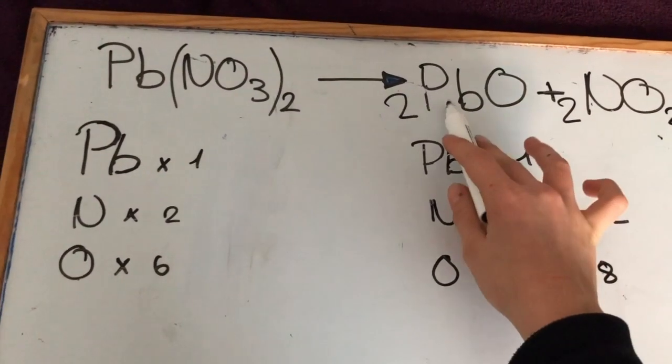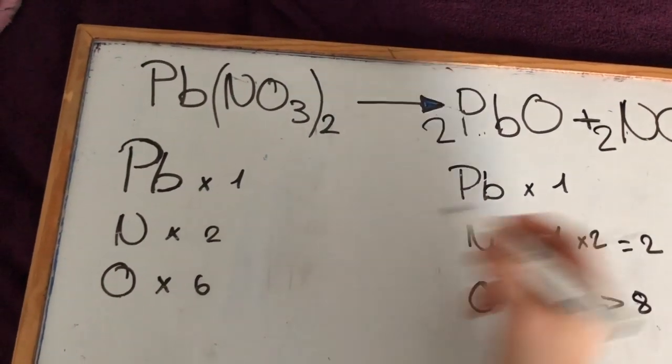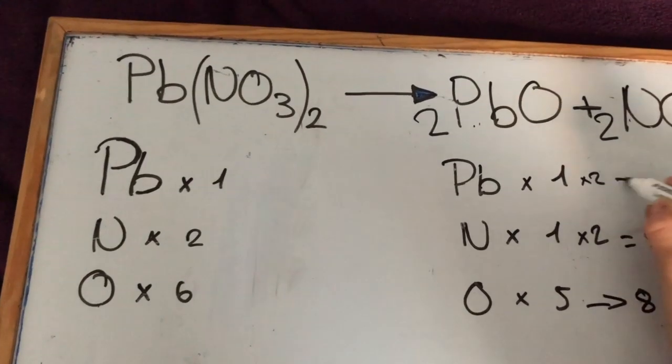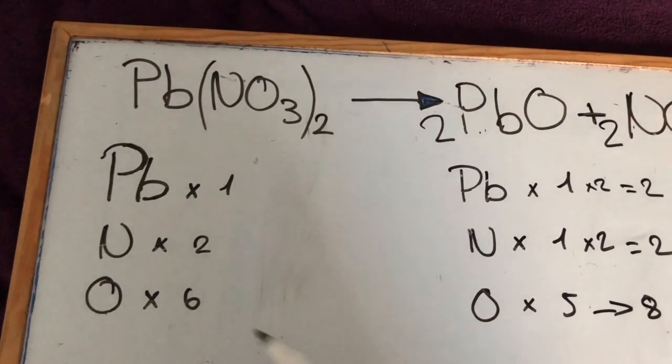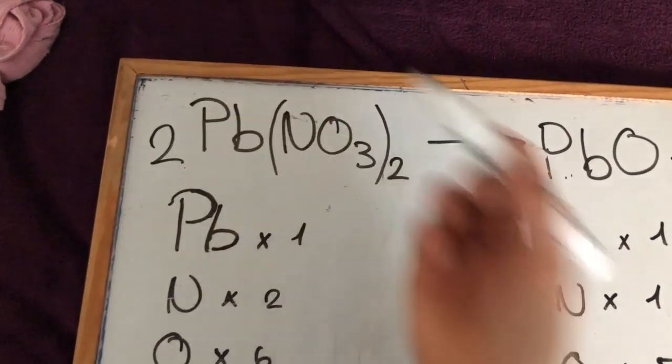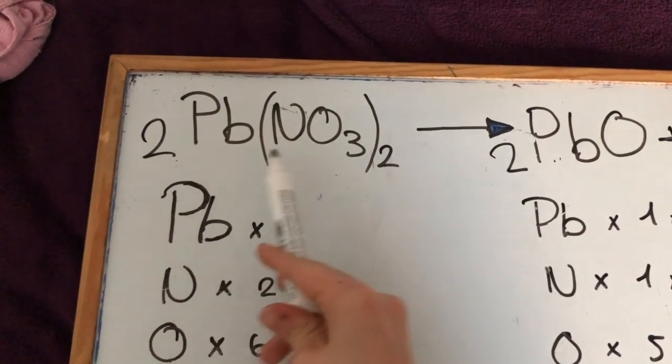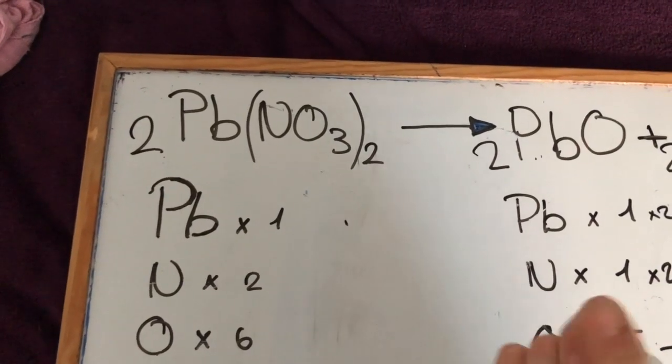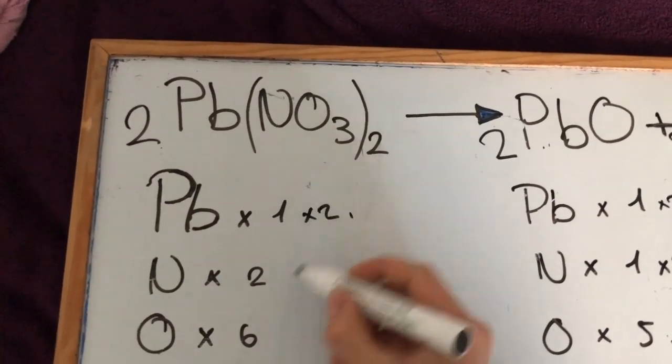Except this affected that 2, so now we have 2 there, but we only have 1 here. So we're going to have to multiply this one by 2, but that 2 is going to affect nitrogen and oxygen, so we're going to multiply by 2 everywhere.